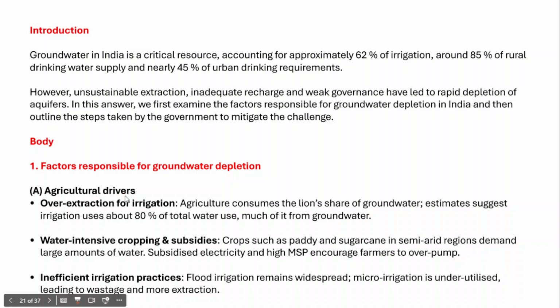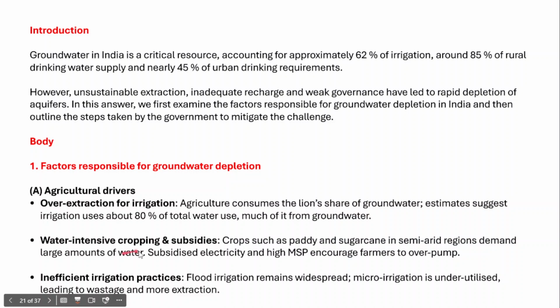Firstly, over extraction of groundwater for irrigation. Here agriculture consumes the majority share of groundwater in India. Agricultural irrigation uses about 85% of the total water usage, right? So agriculture itself has been consuming around 80% of the total groundwater usage.